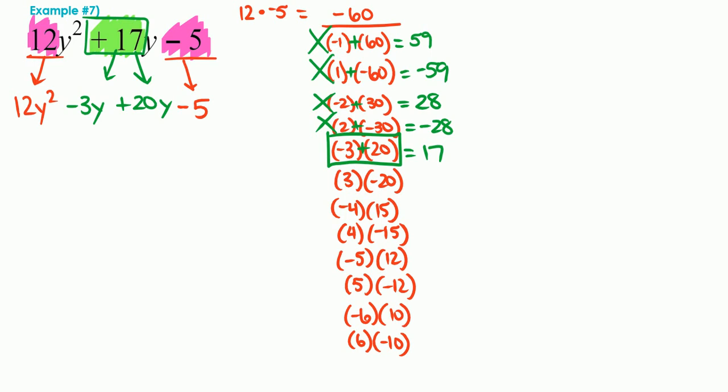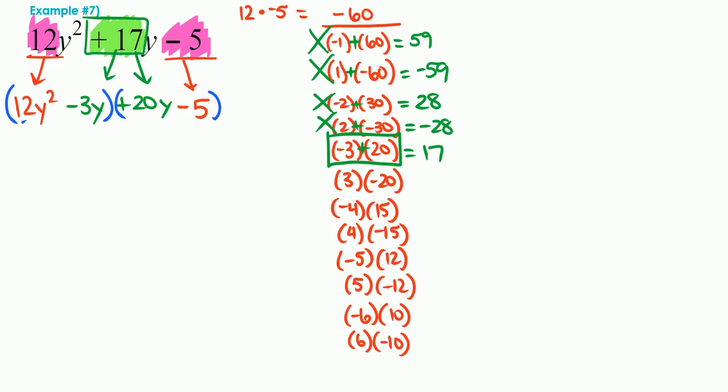Now I need to group my problem. Again, kind of grouping it into two halves. So my first group inside parentheses will be 12y squared minus 3y. Then in my other group, inside my other set of parentheses, I will have +20y minus 5. Now I need to go through my parentheses and divide out common terms.